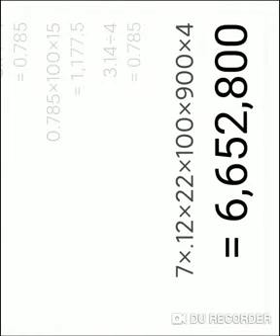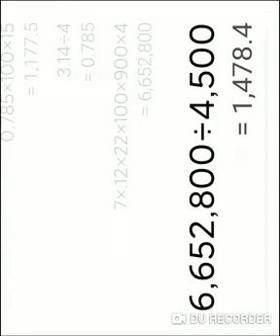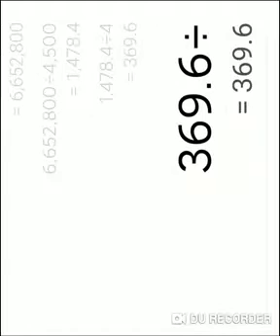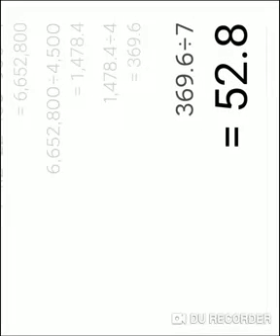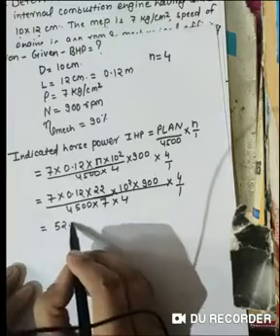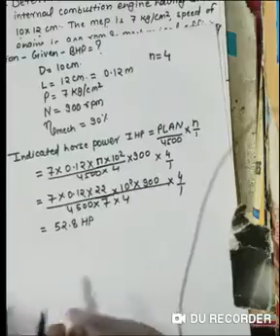So the term becomes this, and it is divided by the denominator 4500, then 4, then 7. So the answer becomes 52.8. So here the answer is 52.8. The unit is HP, horsepower. Okay, so this is your indicated horsepower.